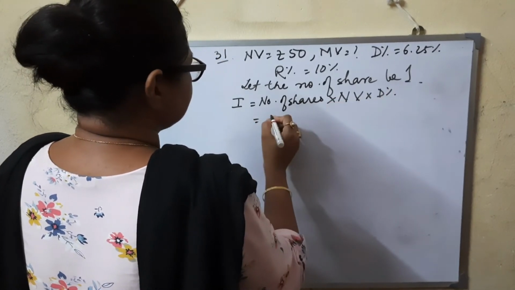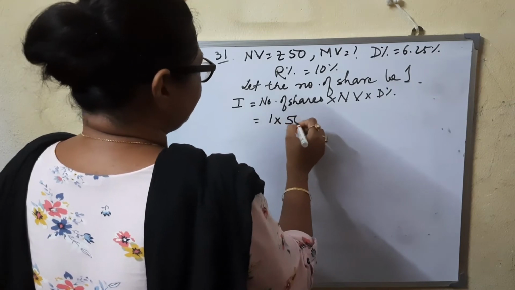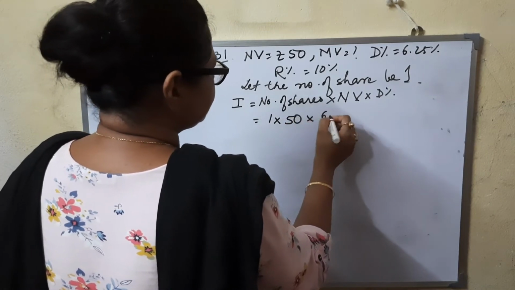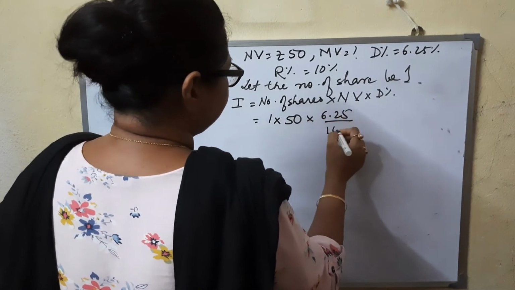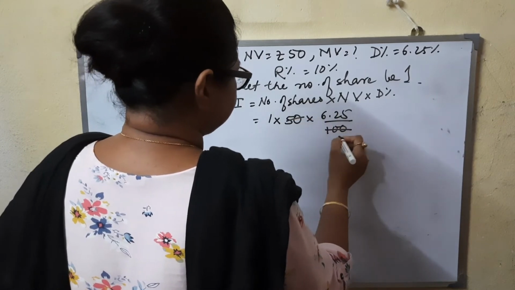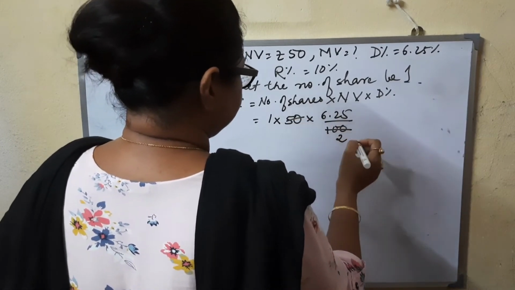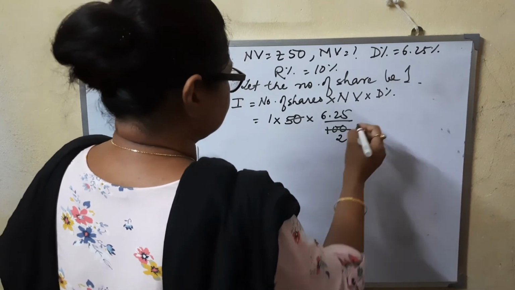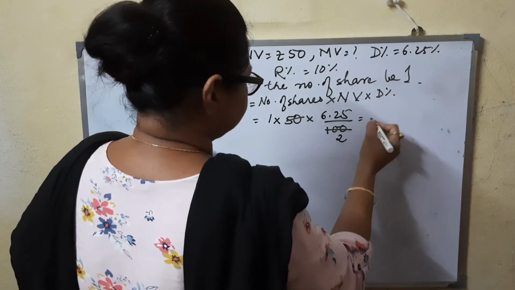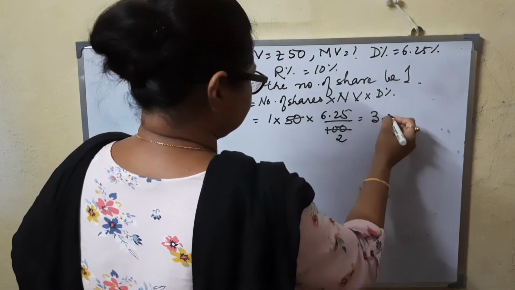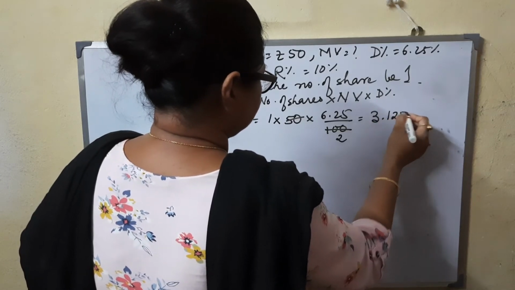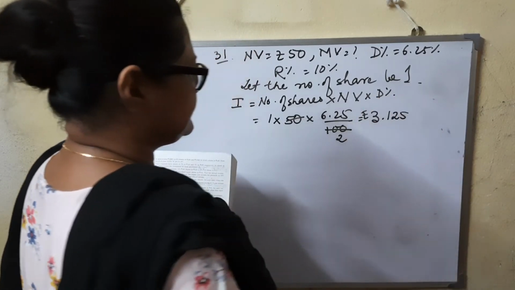So what do we get? Number of shares 1, nominal value 50, dividend is 6.25 by 100. I keep it like this.